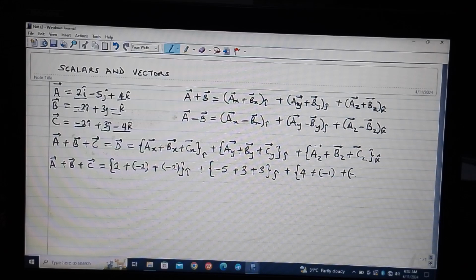So open a bracket, minus 4, close the entire bracket, you have k here.